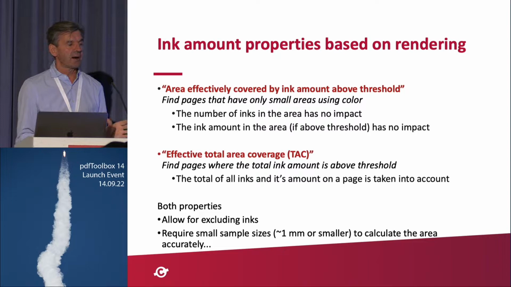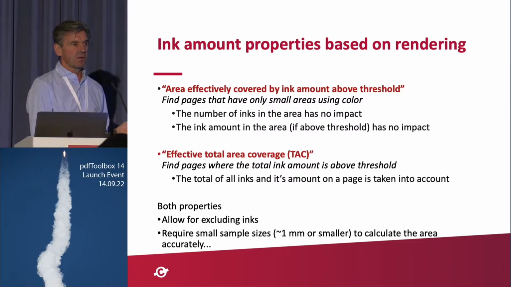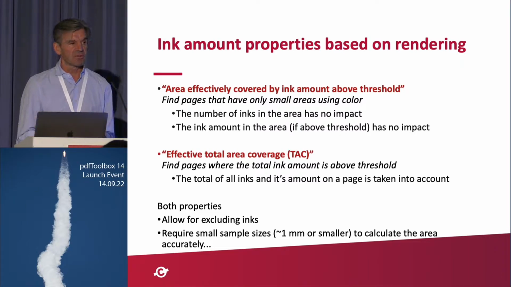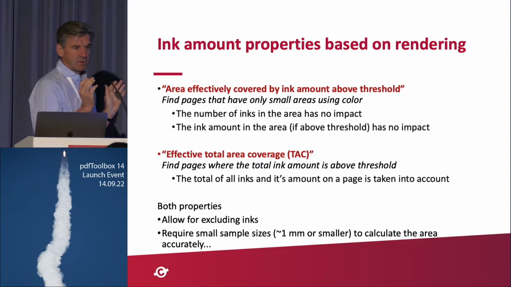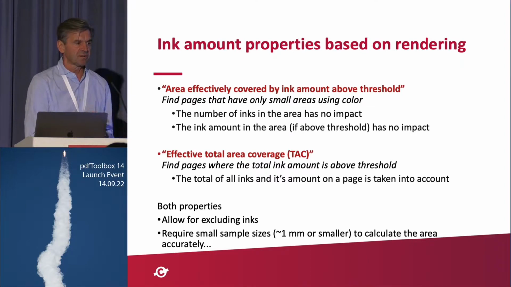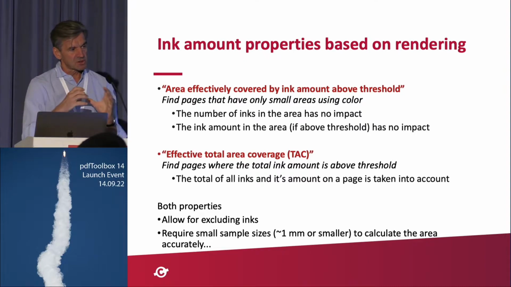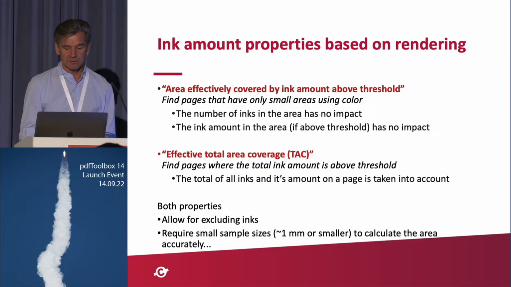I don't care whether it's using 50% of, let's say, cyan or 60%. So I'm just interested in the area. So it ignores the number of inks in that area. It ignores the percentage of color in that area if the percentage is above threshold. So you could say, okay, I'm ignoring everything that is below 6% anyway, but if it's above 6%, it doesn't matter whether it's 10, 20, or 100%. It's just the area that you're taking into account.